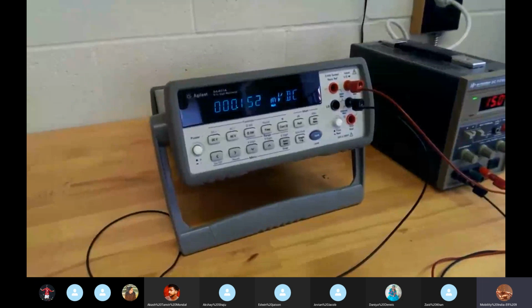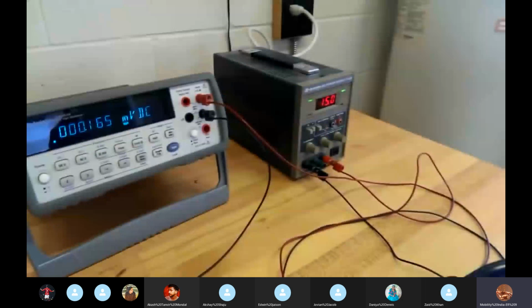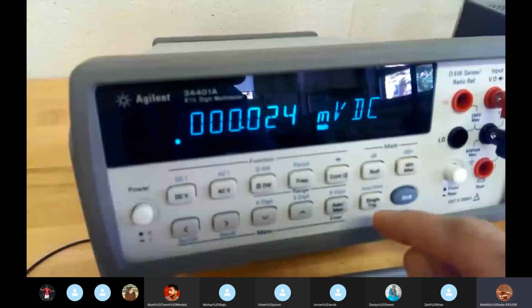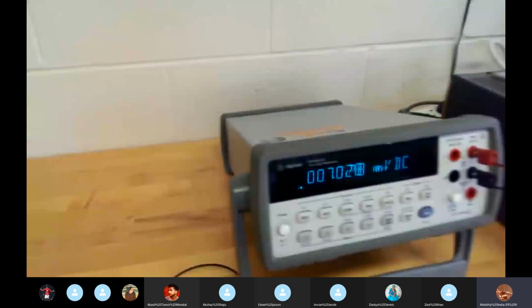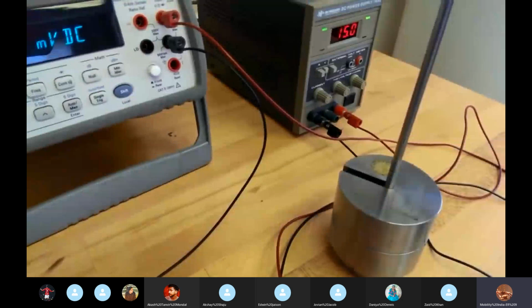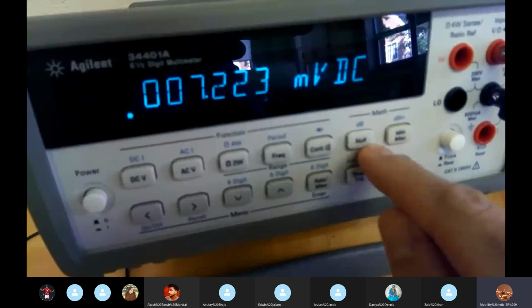Then after you take your reading, remove the weight, unnull, go ahead and take another kilogram weight and put it on the hook, so now you have 2 kilograms attached to the hook. Null it again, and go ahead and hang the weight.